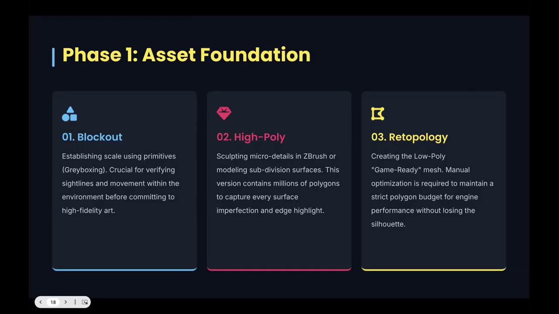We pretty much destroy all the details on the model. That way, the model is not that heavy. It's way easier for the engine to render it out, for the computer to load it, right? Now you can go to the next slide, please.